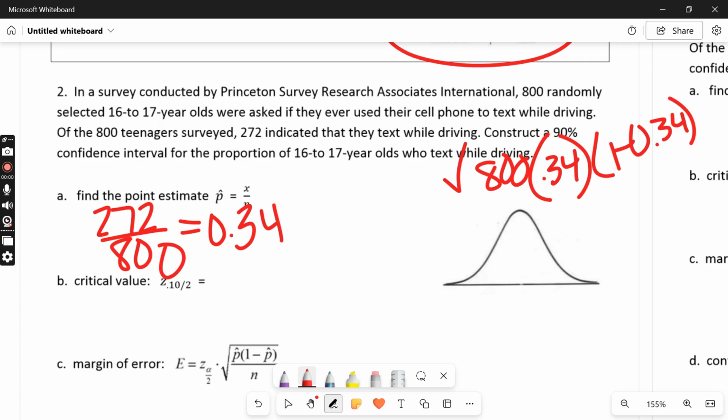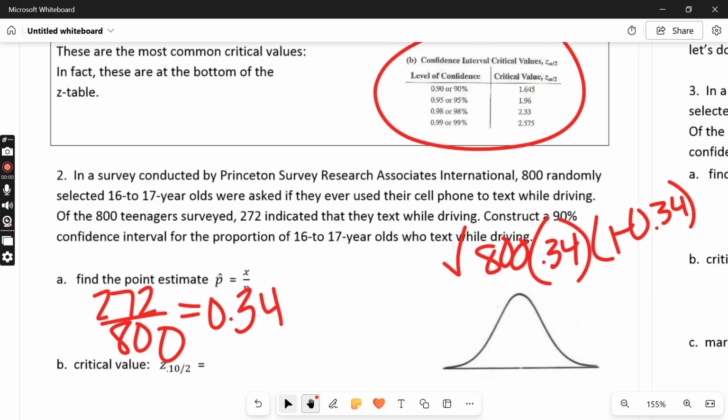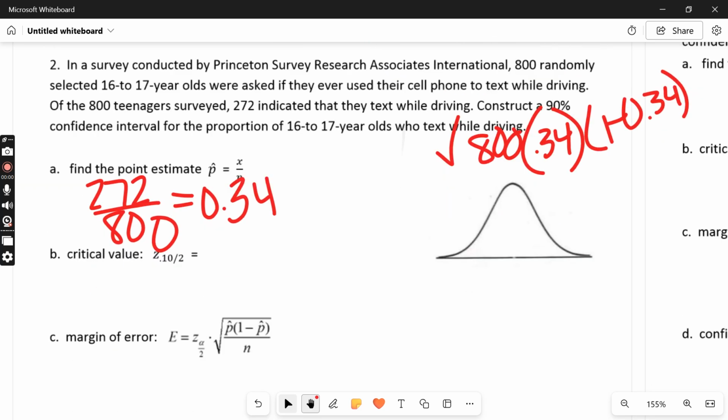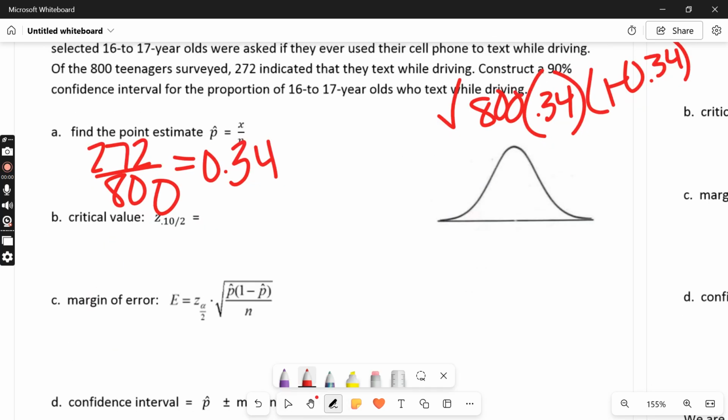Okay, the critical value: we're looking at 90%, constructed 90%. So our critical value is 1.645. And I just use the chart at the top of this paper to find that. Okay, now I'm going to find my margin of error.